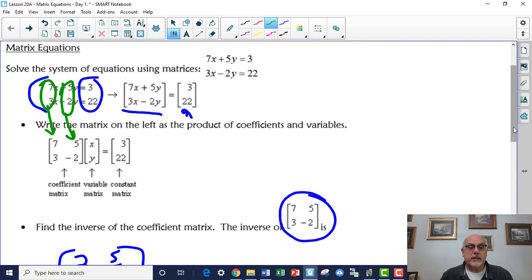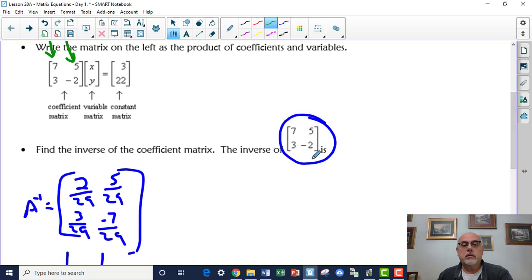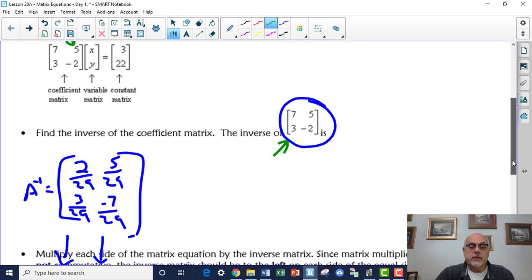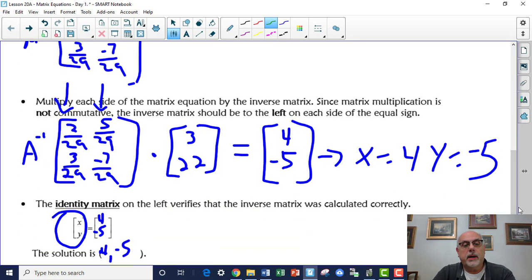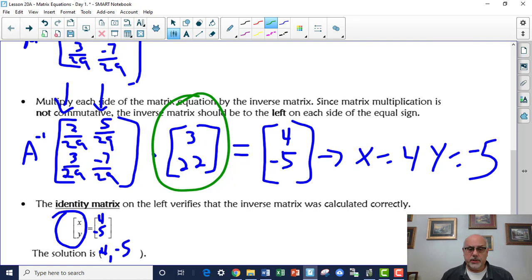So we took that matrix right here, and we found the inverse of it, used the calculator. Then we took the inverse of the matrix and multiplied it by the matrix we created, the two values on the right side of the equal sign. So I have the inverse of the coefficients times the values on the right side of the equal sign, and that gives you what your values for x and y are.